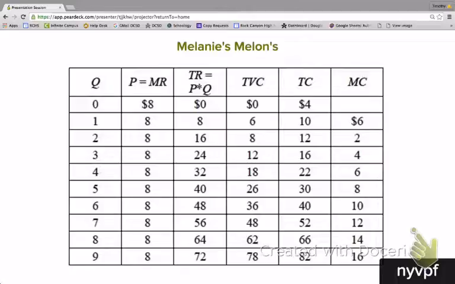If not, if marginal cost is greater than marginal revenue, we do not produce that unit. So, for the fourth unit, the marginal revenue equals $8 and the marginal cost is $6. Yes, produce the fourth unit. For the fifth unit, the marginal revenue equals $8 and the marginal cost equals $8, so they're equal, so yes, produce the fifth unit. But for the sixth unit, the marginal revenue is $8 and the marginal cost is $10, so no, we should not produce that unit.